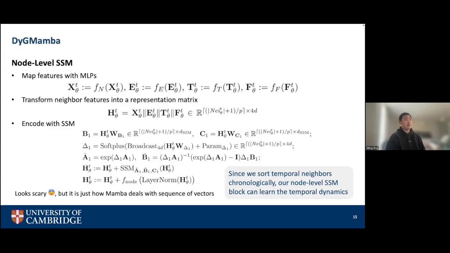If you know Mamba, if you copy their equations and try to read their code, you will understand what it is, but 2 minutes of explanation will not help here. It actually looks scary, but it is just how Mamba deals with a sequence of vectors. But we need to know that since we sort the temporal neighbors chronologically, when we put them into Mamba to do the recurrent style of modeling, it can naturally learn the temporal dynamics for graph forecasting.